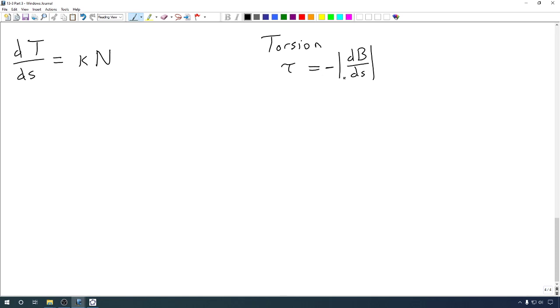That's kind of just a choice that was made in the past, but we define it to be the negative of the magnitude of the derivative of b with respect to s. It turns out this derivative of b with respect to s is also always in the direction of n. So db ds is negative tau, because that's the magnitude, times n. And what we're seeing there is that the derivative is always kind of pointing outward from our curve this time.